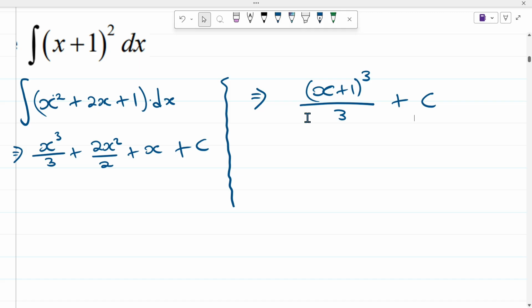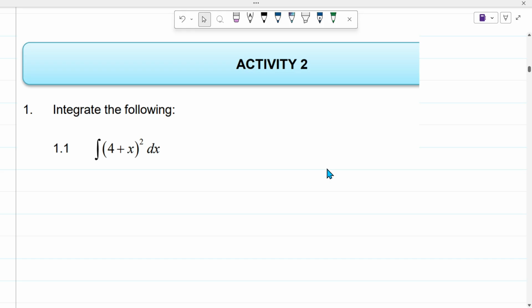Anyway, let's continue and do some activities. Okay, activity 1, we have to integrate the following question. So let's go. Remember, first thing, let me write some things that you need to remember here.